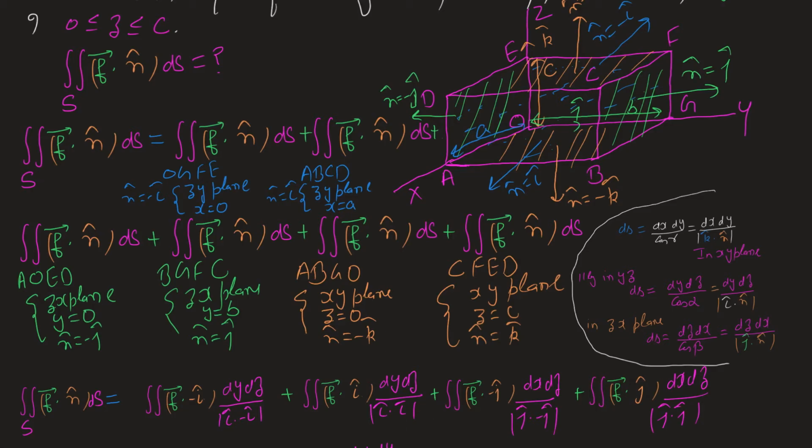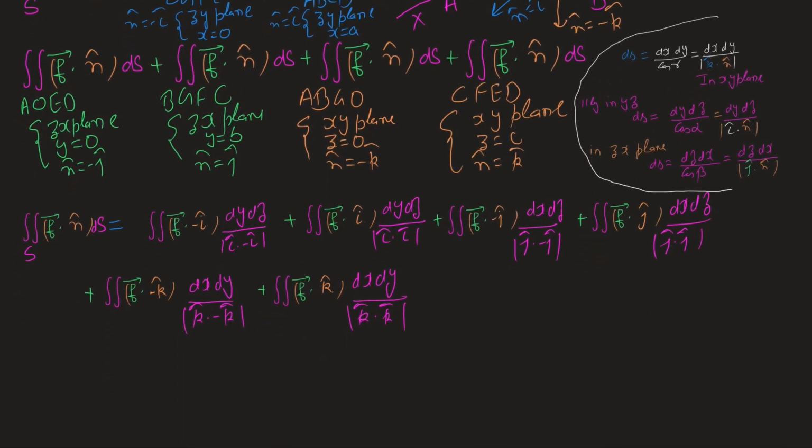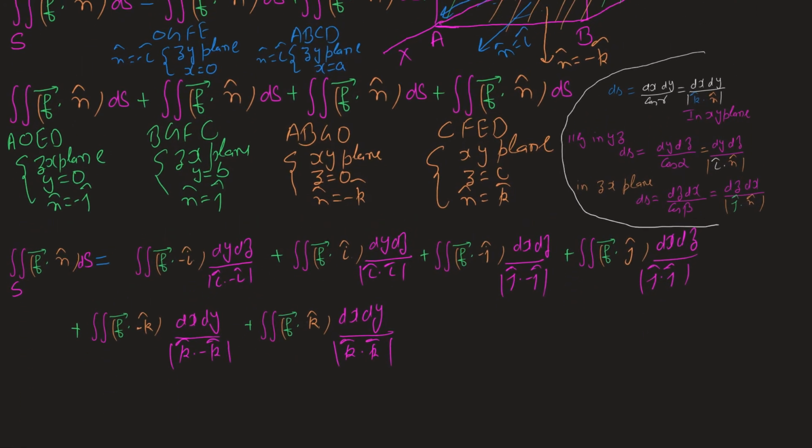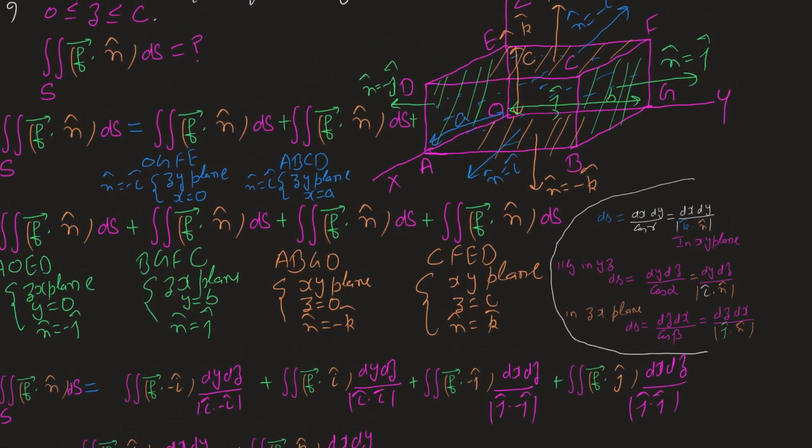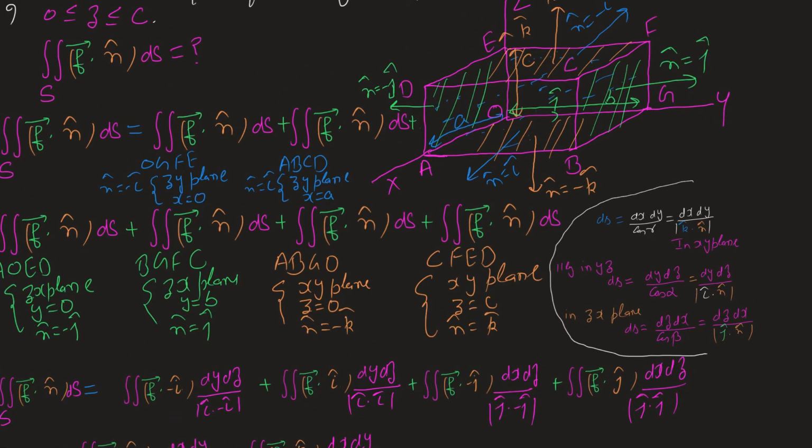Now we will write the limits for y and z. Here, if we see y over this axis, y is 0 and here it is b. So I'm going to write the limits as 0 to b. Since you have to keep it in mind, here y is first, so the limit of y will be written first, and z is from 0 to c.